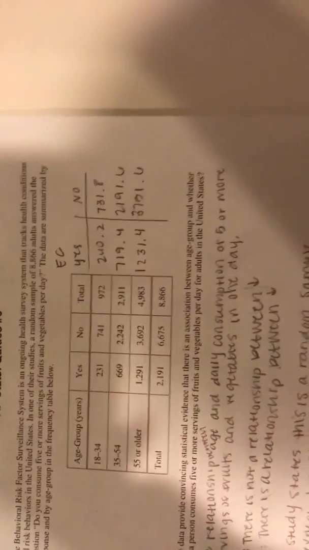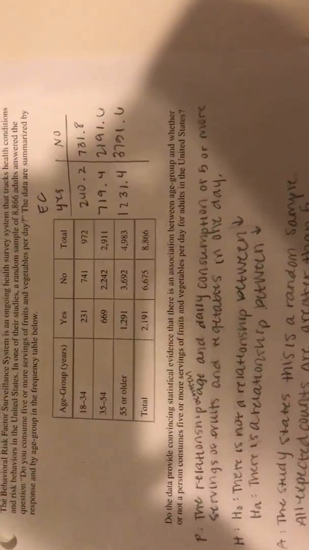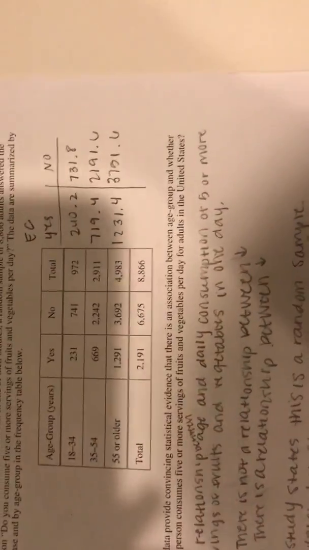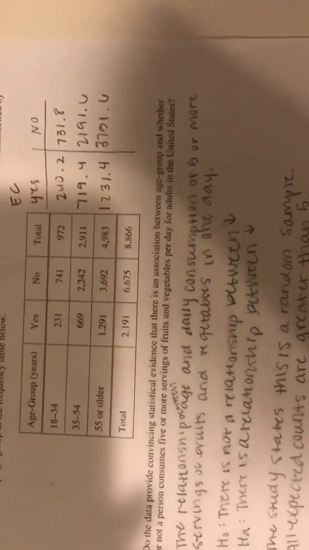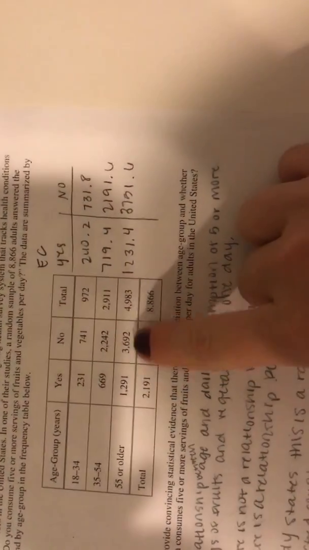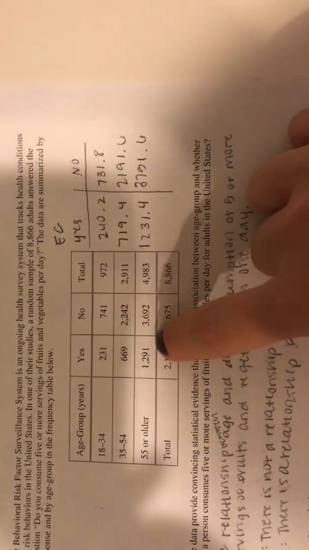And so to go on with that, once you put it into your calculator, you are going to put it into matrix A and matrix B. So a matrix is like 1 by 1, which is row by column. And so when you put it into your matrix, you take your observed values, which is the one they give you, and you put them in.